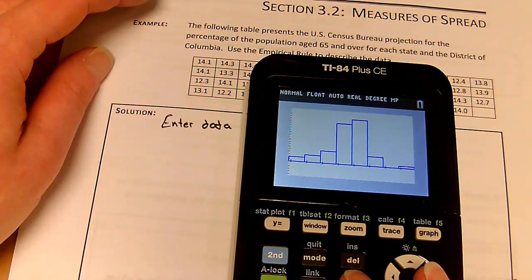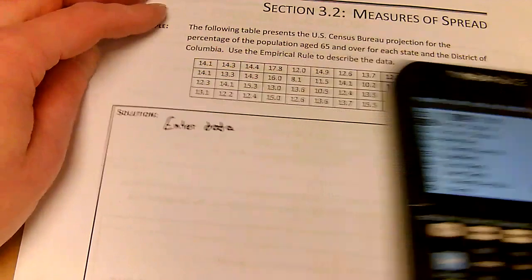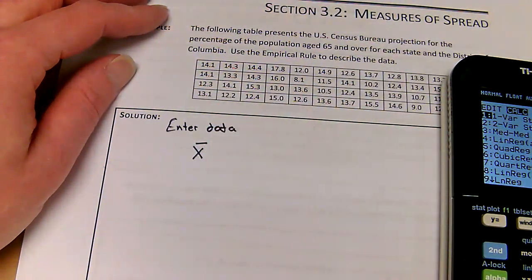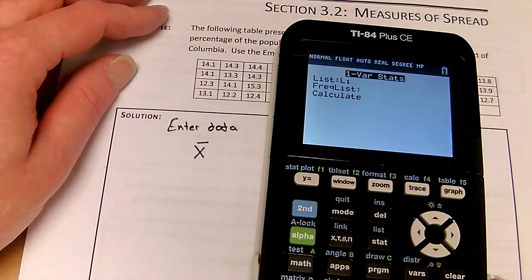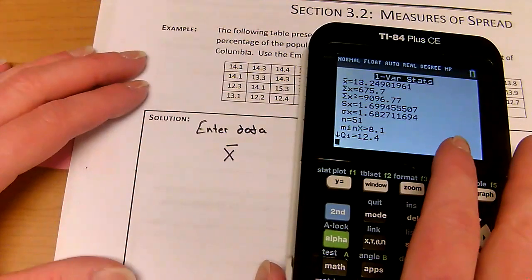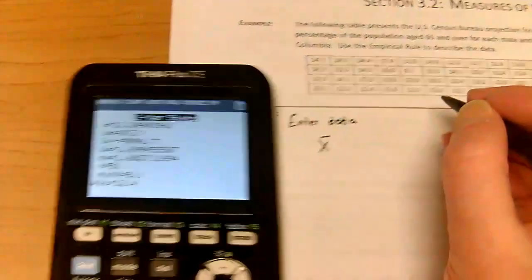So now we can compute our one variable statistics. The things I want to know are the mean and the standard deviation. Now there are going to be two standard deviations that show up. Let me write down my mean first: 13.249.